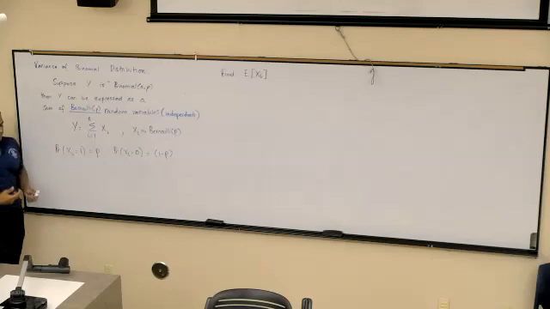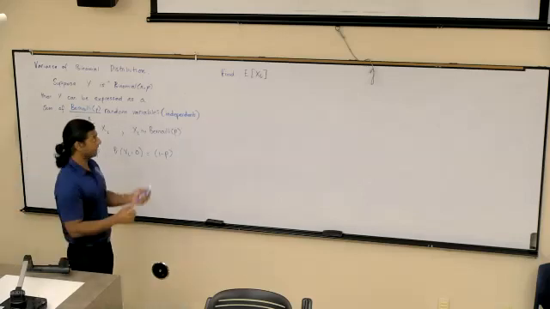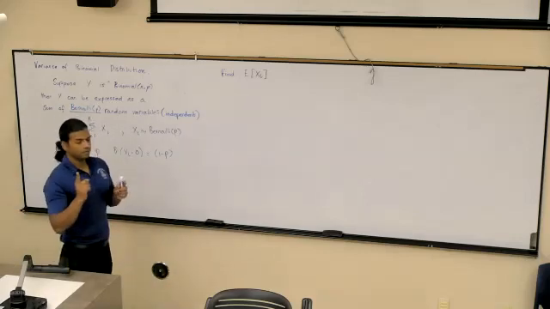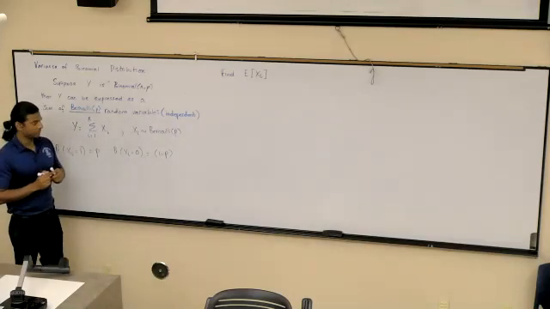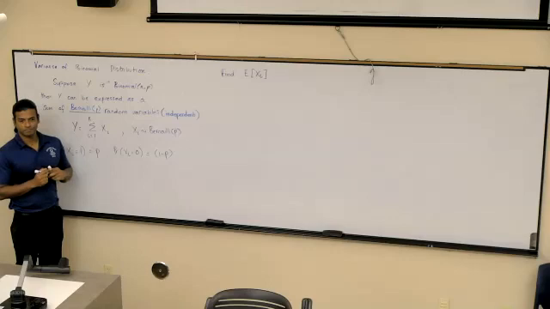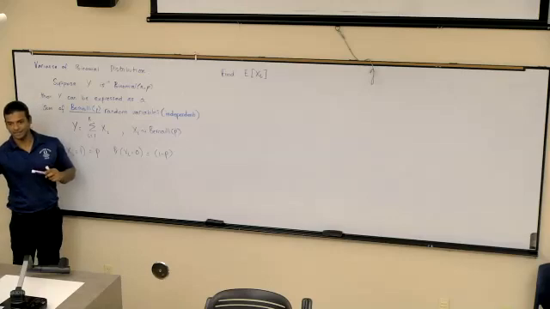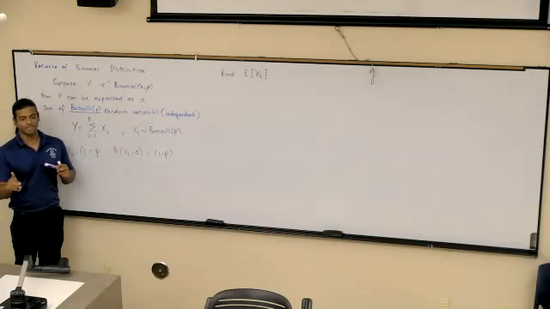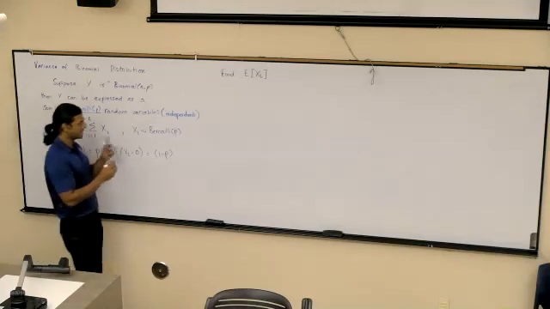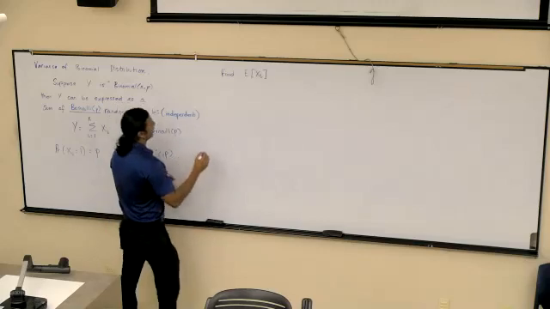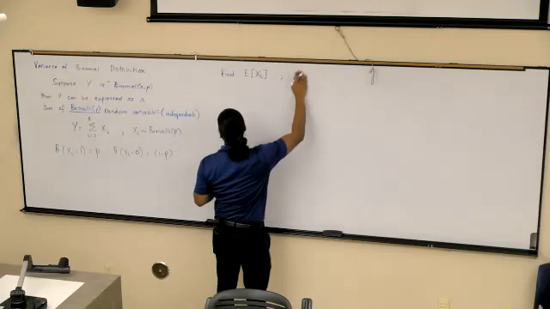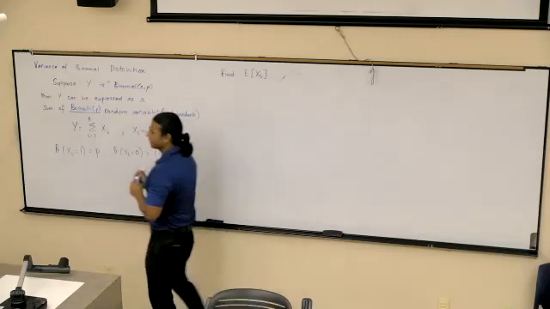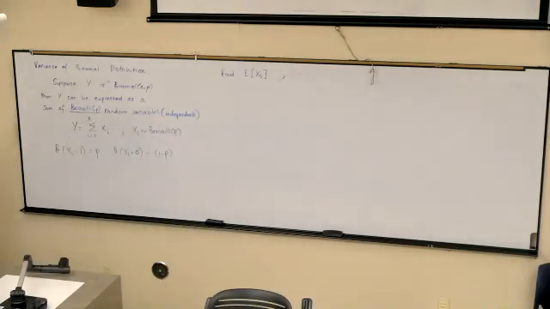Every trial is the same, every success that I've defined is the same. So that has a name. Starts with the letter I. Has something to do with the 4th of July. Independent and identically distributed.